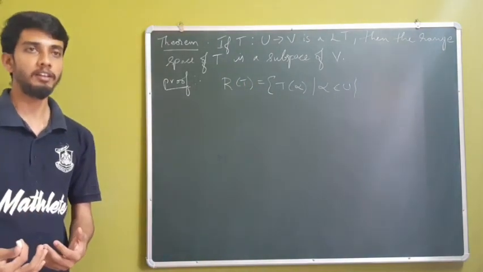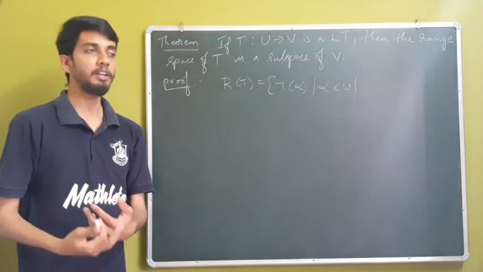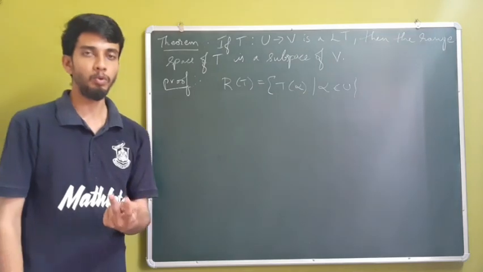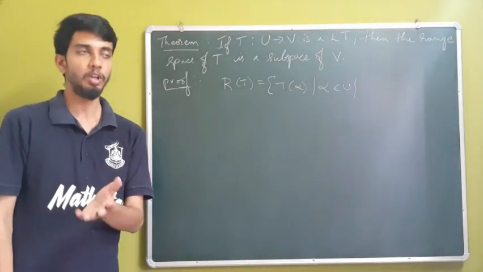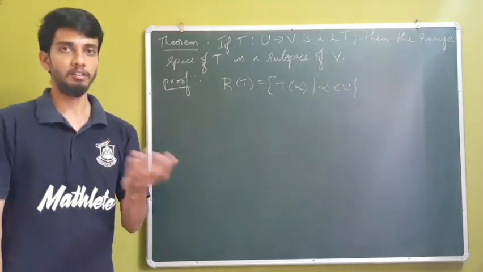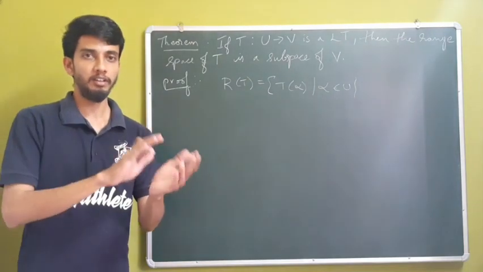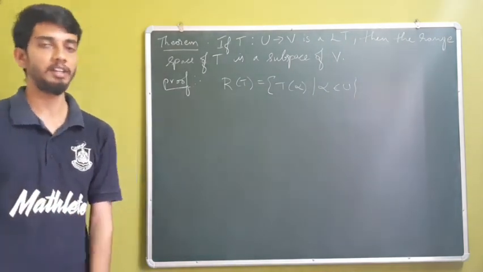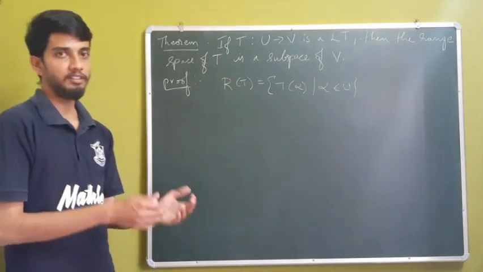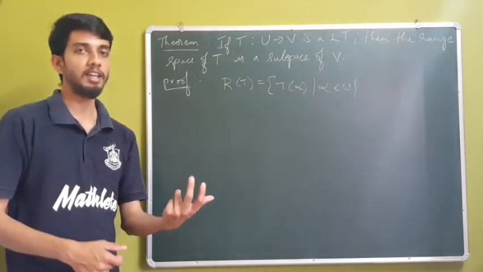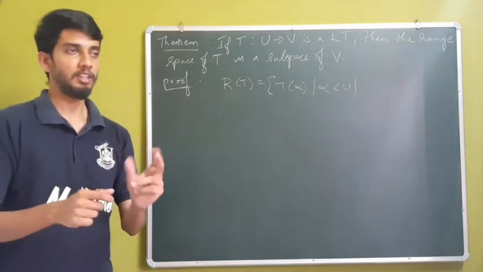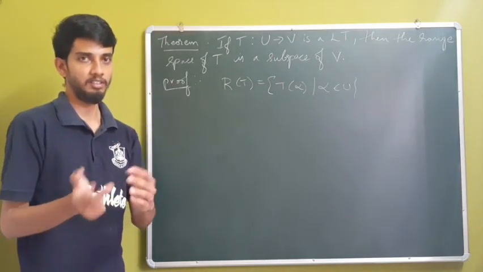Recall that to prove that a non-empty subset is a subspace of a given vector space, we need to prove two conditions. One is the additive subgroup condition: taking any two elements and proving that their sum is also in the given non-empty set. The other is scalar multiplication: taking a scalar from the field and an element from the subset, and proving that their scalar multiplication is in the same set.